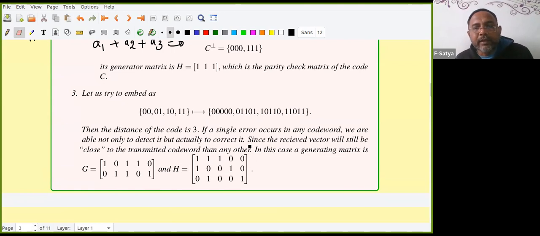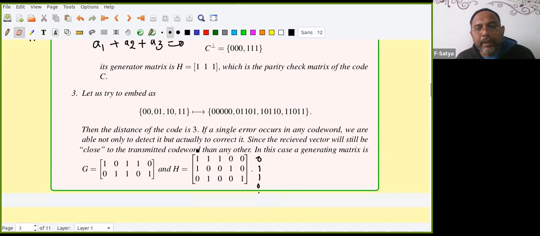Now you can check that these vectors are the null space of this matrix. If you multiply, check it carefully, taking 0, 1, 1, 0, 1, this becomes the zero vector, so it is in the null space. All these four vectors are in the null space of this.